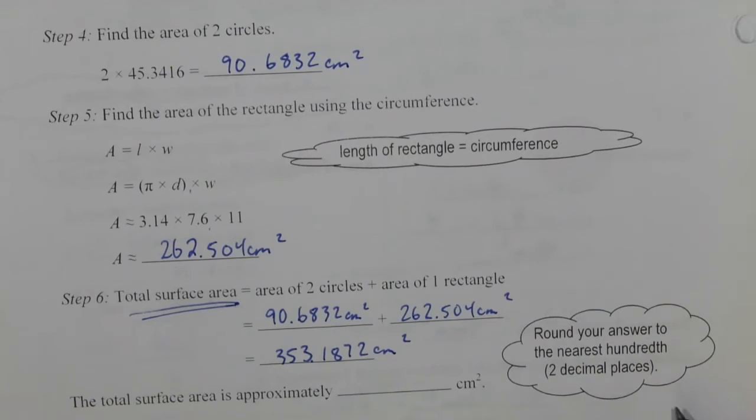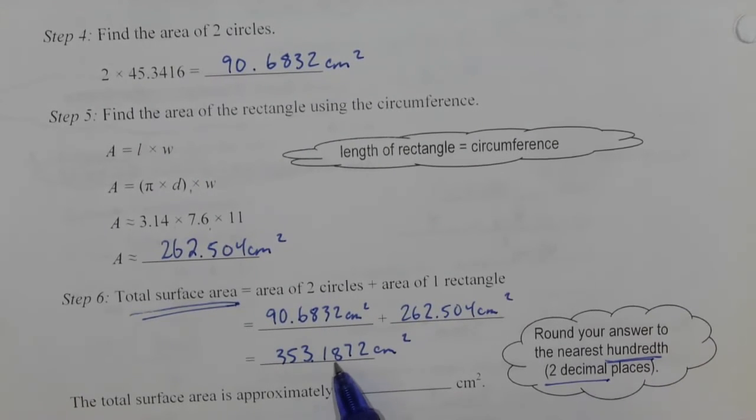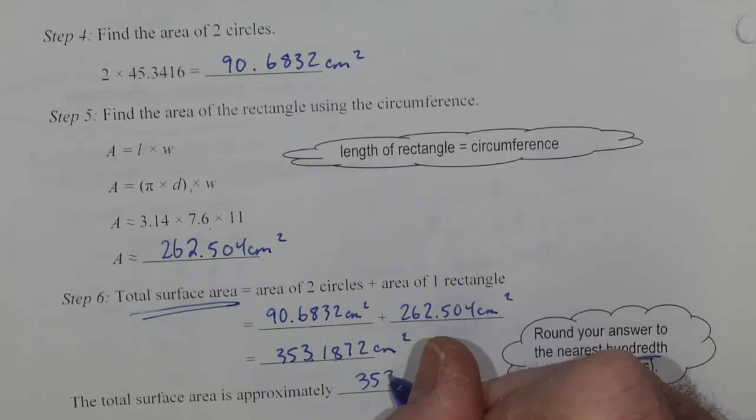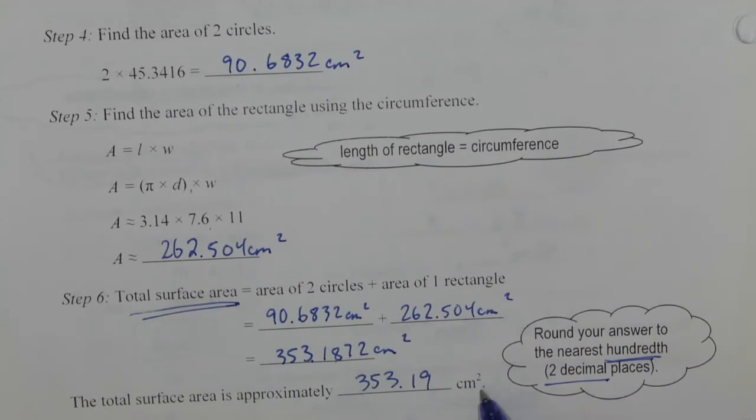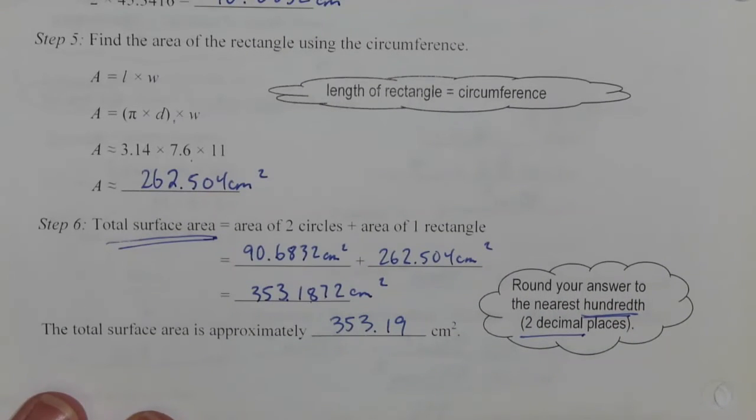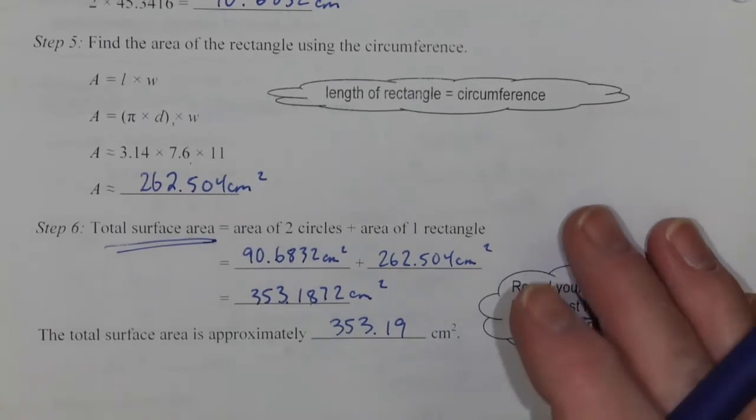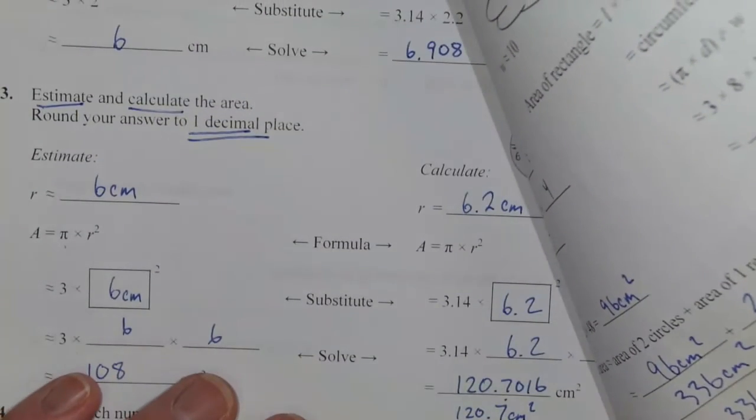Now remember, we're rounding to the nearest hundredth, or 2 decimal places. So 2 decimal places, look to the third digit. It is 5 or higher, being a 7, so we're going to increase the 8 to a 9. 353.19 centimeters squared is our final answer for the actual surface area of our can, which is not bad.